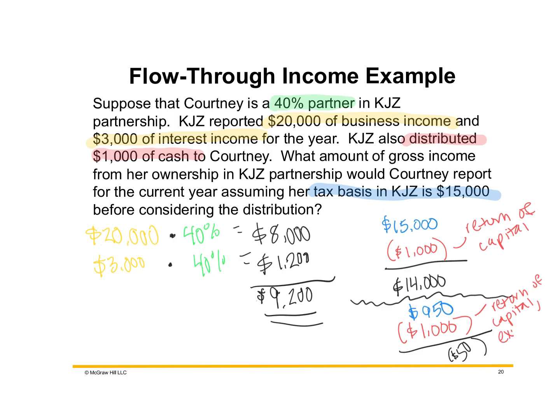And then the excess over basis would be in gross income. That was what I was trying to write.